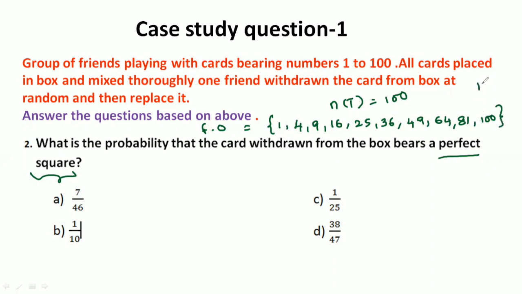We can't go for 11 elevens, because 11 elevens is 121, which is more than 100. So we are not supposed to take it here. These are the favorable outcomes.